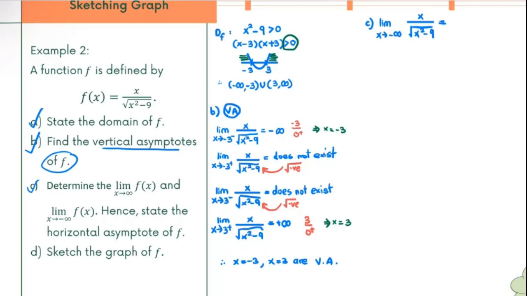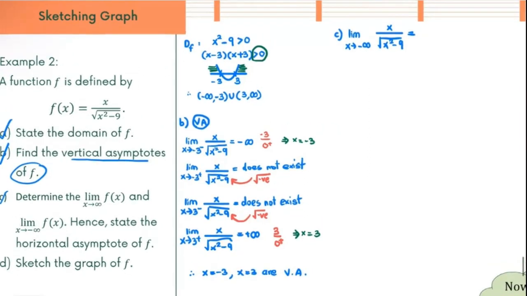Okay, by now saya rasa semua orang dah faham kan? Kalau square root of x square bila kita factorize kita akan dapat plus ataupun minus x lah. And then kalau sini negatif kita akan pilih negatif.